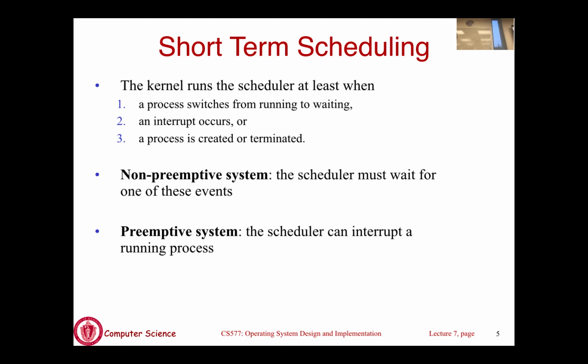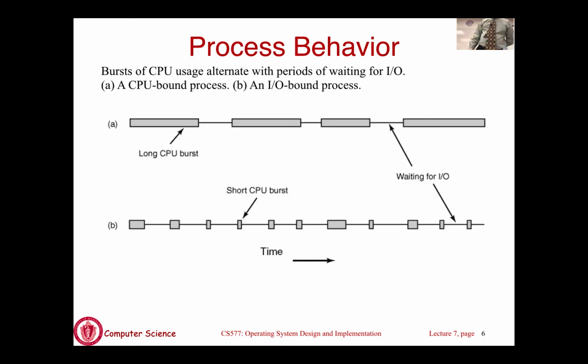Now let us talk a little bit about some of these policies. Before we do that, it is good to understand what process behavior looks like, so we can design policies for various kinds of process behaviors. By and large, when you run a process on your machine, it will fall into one of two categories. It will either be CPU intensive or IO intensive at any given instant.